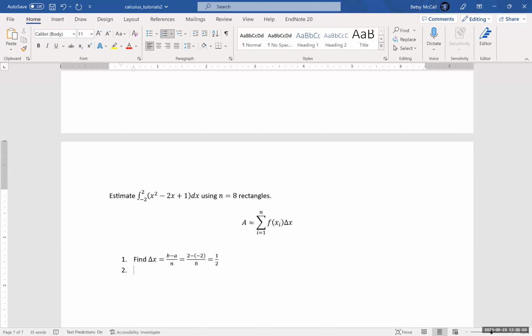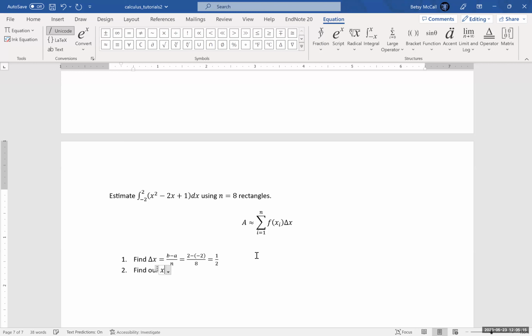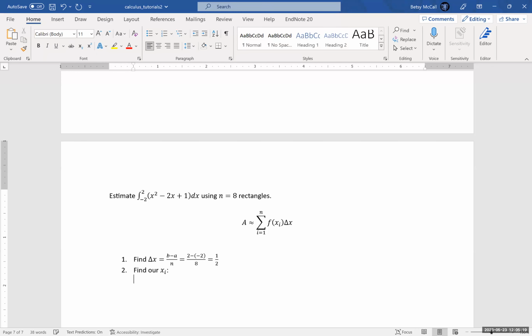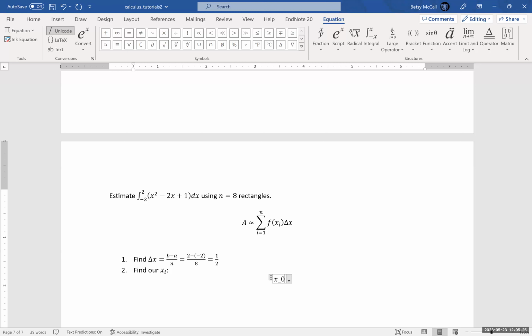Now, the second thing that we have to do to make this a little easier for us is find our x sub i. The general rule here is that x sub 0 is equal to a, and then x sub n is going to be equal to b.